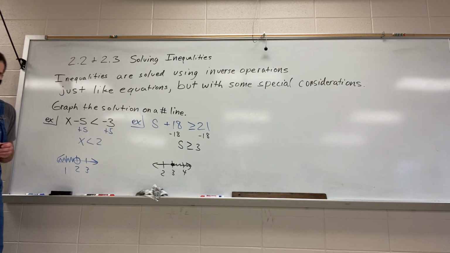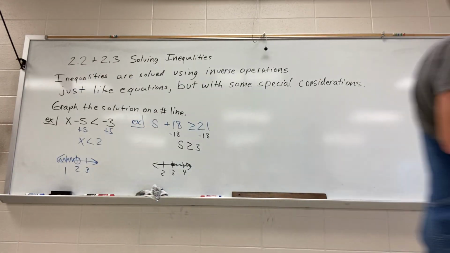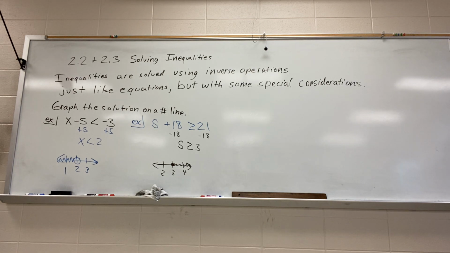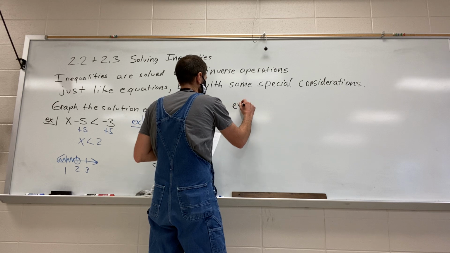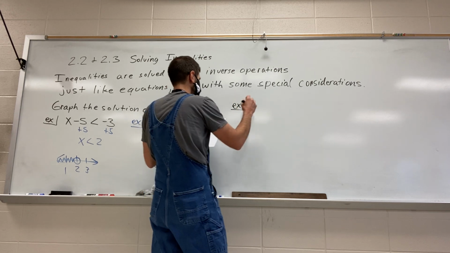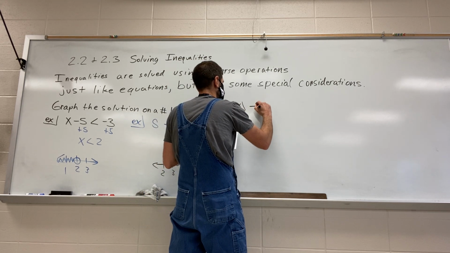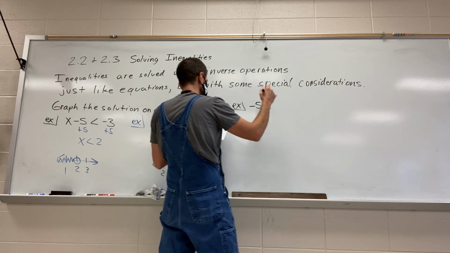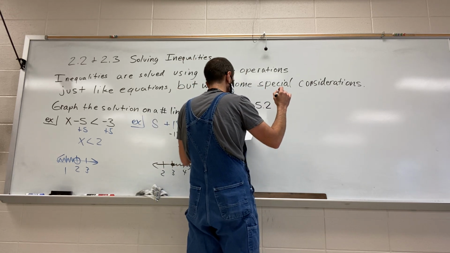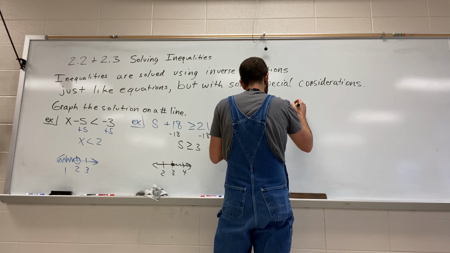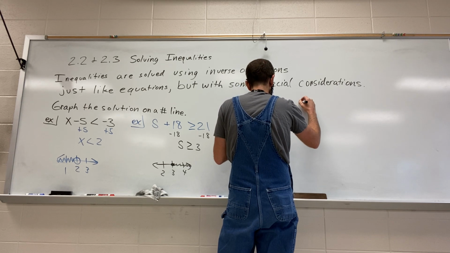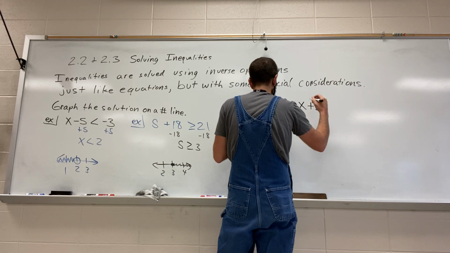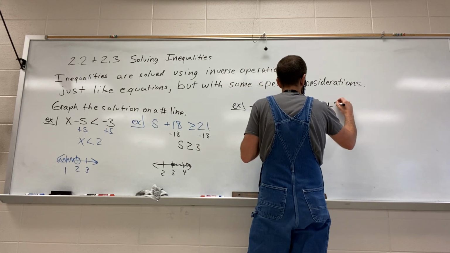Yes. Yeah, awesome. Let's keep going. Let's up the ante a little bit. Negative 5.2 is greater than negative x plus 2 plus 2x.